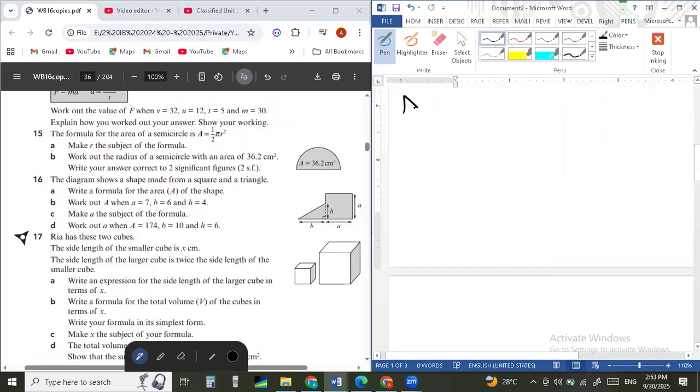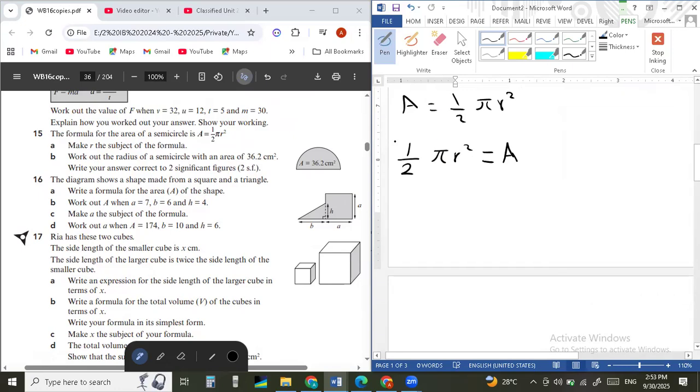They're telling you that the area of a semicircle is half pi r squared, but they're telling you here, make r the subject of the formula. Mister, to make r the subject of the formula, I need it to be on the left side. We agree. The first thing we're going to do is to swap. So half pi r squared equals A.